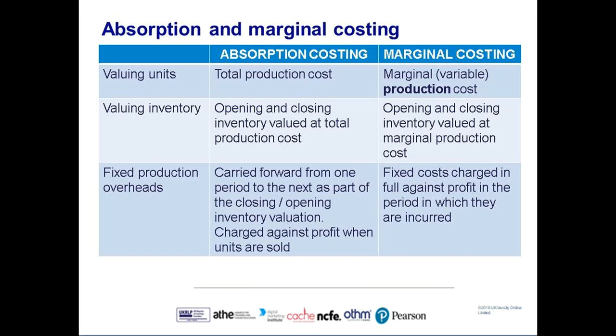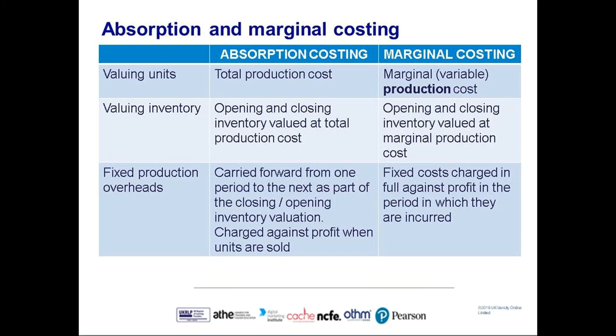For valuing inventory, opening and closing inventory is valued at the production cost under absorption costing, while under marginal costing it is valued at variable cost. Fixed production cost is carried forward from one period to the next as part of the closing and opening inventory valuation. In marginal costing, fixed cost is charged in full against the profit in the period, not transferred until the units are sold.